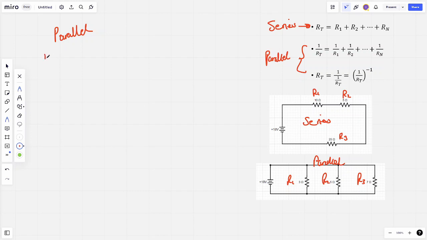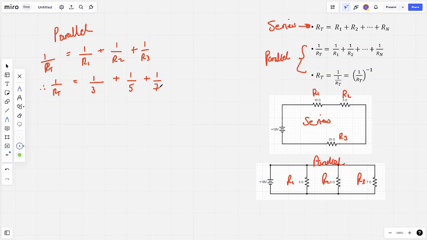So here we say 1 over RT, which is the total resistance, is equal to 1 over R1 plus 1 over R2 plus 1 over R3. So we're taking the reciprocal of each resistor in the circuit. Here there are 3. If there were 4, 5, 100, 200 or even 1,000 resistors, we take the reciprocal of each one. So in this case, 1 over RT is equal to 1 over 3 ohms plus 1 over 5 ohms plus 1 over 7 ohms.